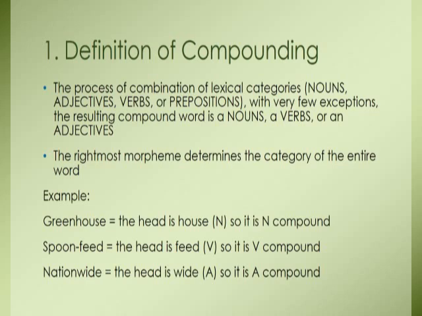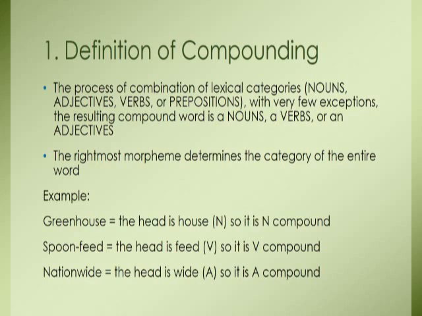So that is the final result, okay. But there is also compounding in terms of preposition, but it is very few, okay. So we only focus on the nouns, verbs, and adjectives.